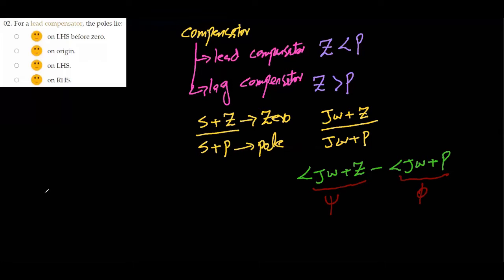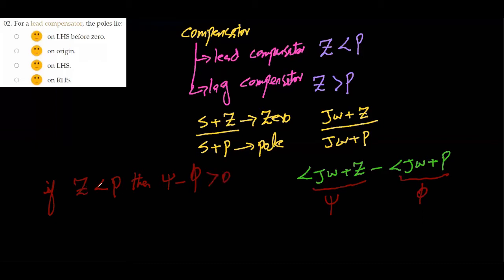If Z is less than P, then psi minus phi will be greater than 0.